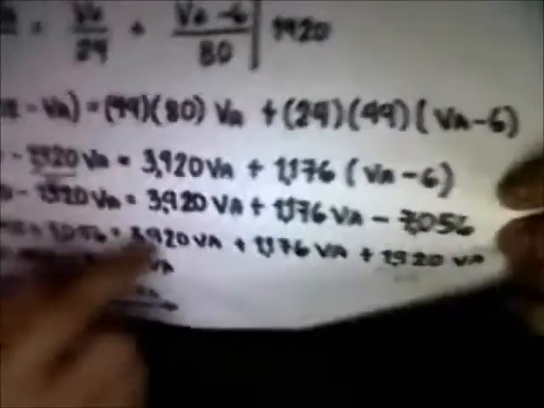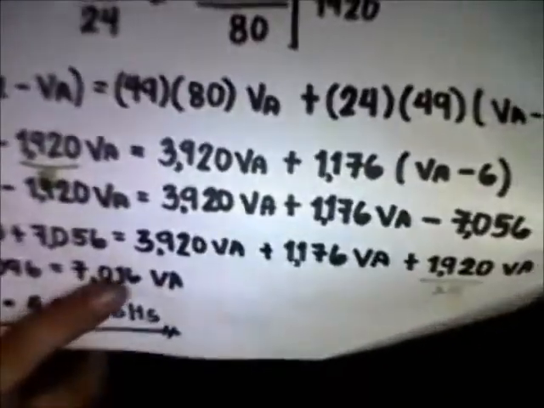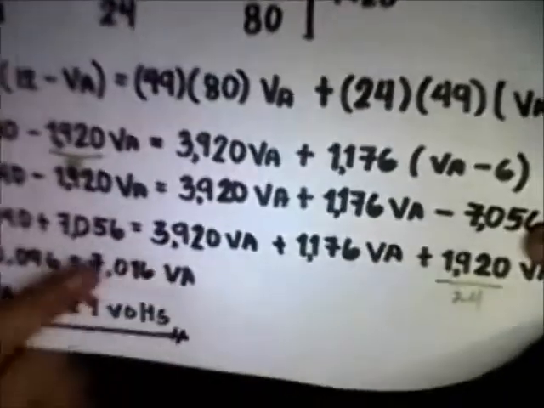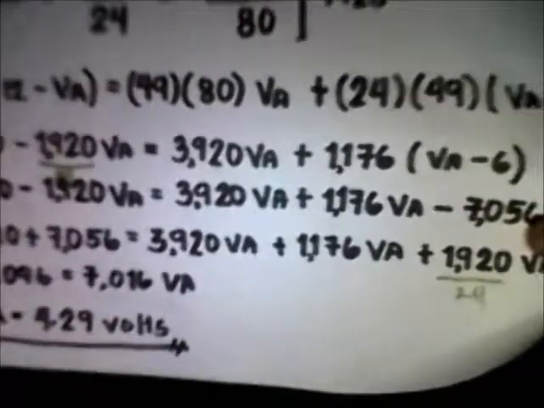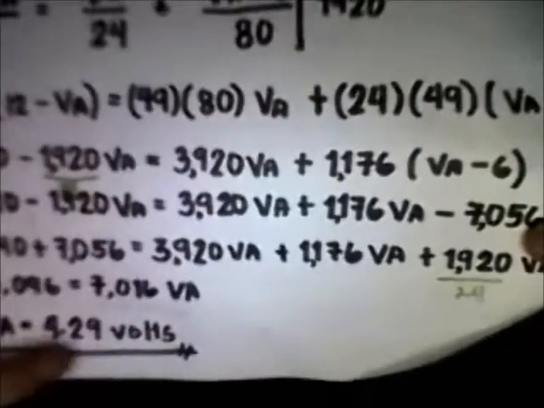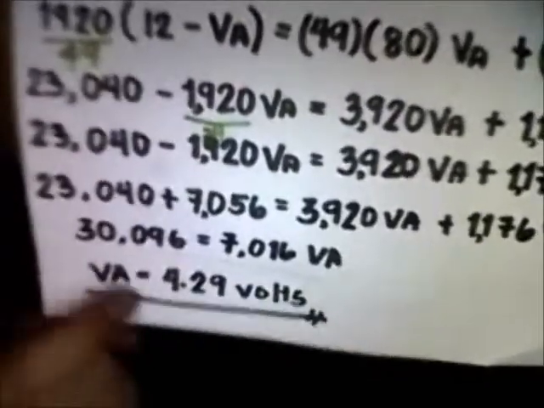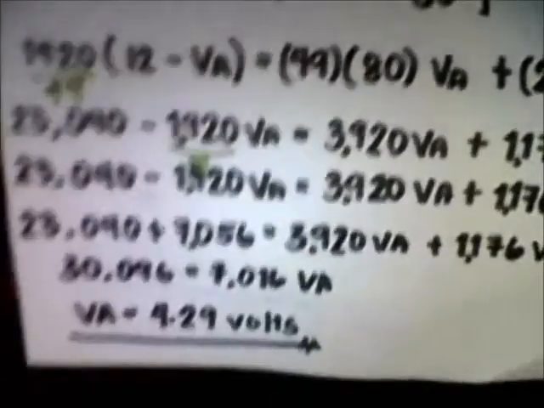So the sum of all of these with VA is equal to 7,016. So dividing 7,016 on both sides of the equation, we acquire VA is equal to 4.29 volts. So there we have computed VA, which is equal to 4.29 volts.